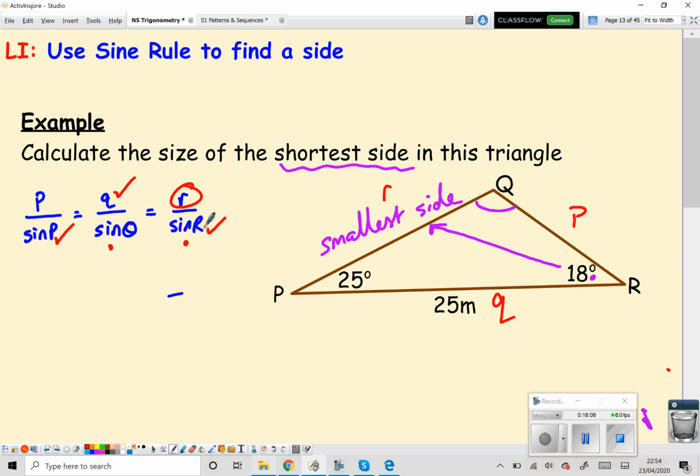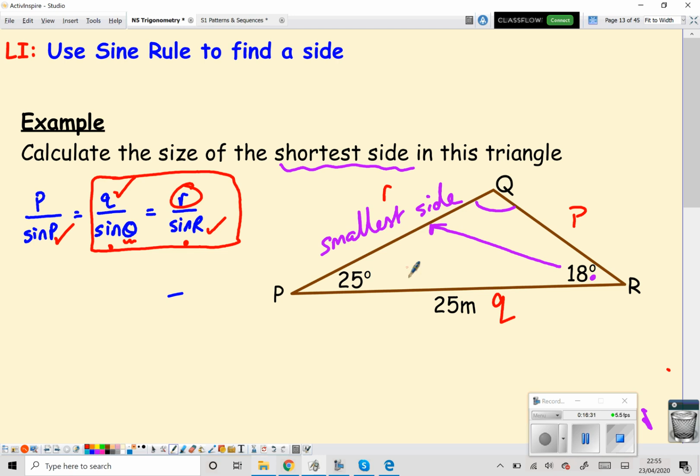There's a fairly easy way around it, because ideally, if I knew what the angle at q was, all my problems would be solved, because I would then be able to use this pair of ratios. Hopefully, if you're looking at the triangle by now, you may have noticed that in this triangle I know two out of the three angles.